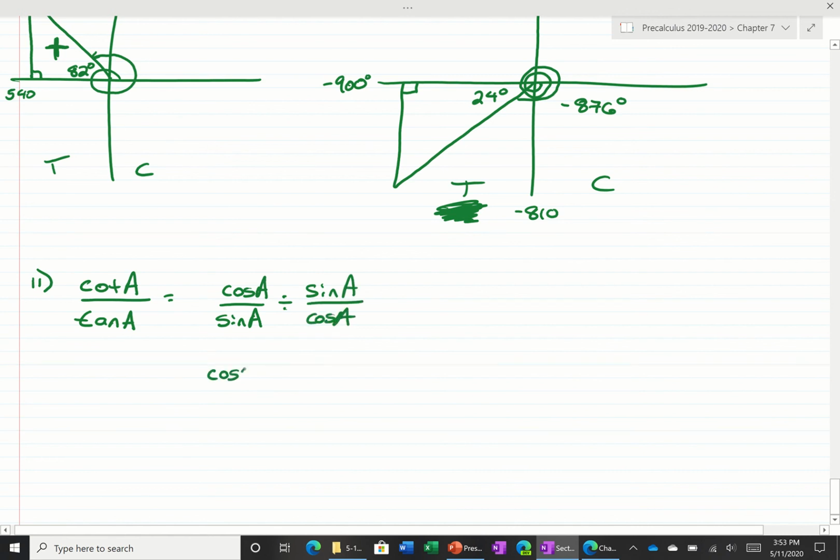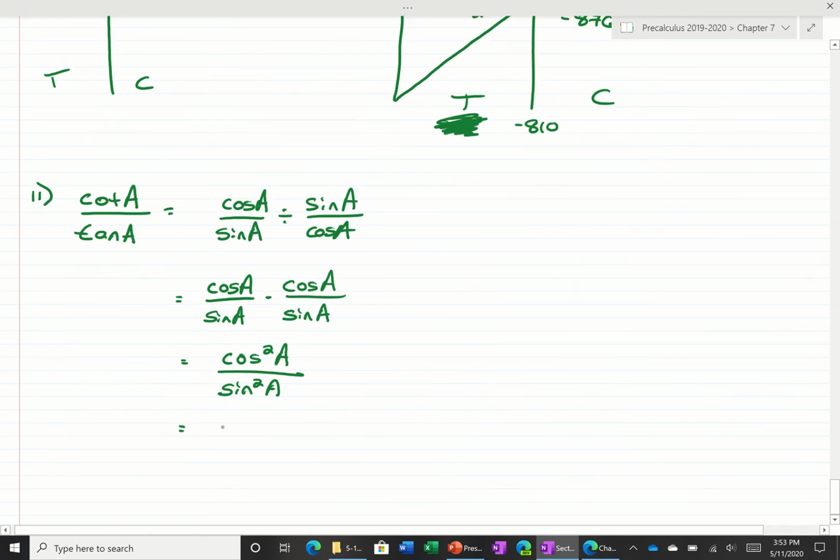So we're going to keep, change, flip. And we would get cosine squared of A over the sine squared of A, which cosine over sine is just cotangent. If they're both squared, it's going to be cotangent squared.